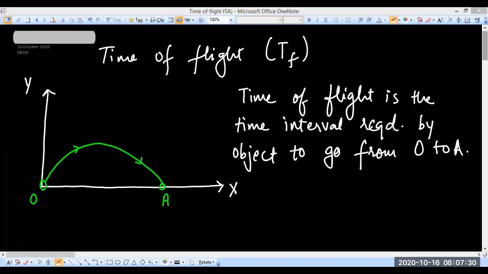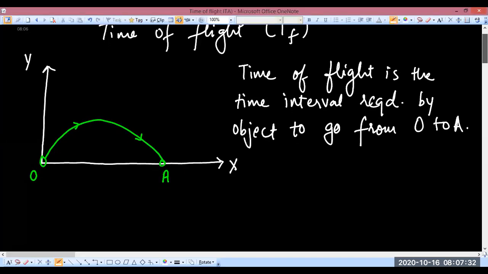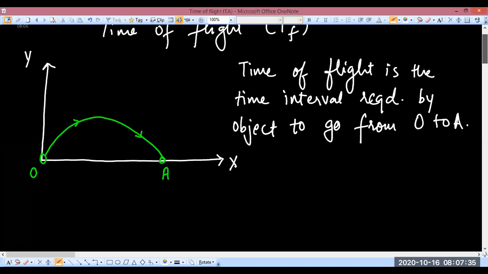Now, there is something very particular about O to A. If you realize it, whenever you are doing any kind of calculation, I suggest that you write for which point to which point. Do you agree with this? For O to A, delta y is 0.